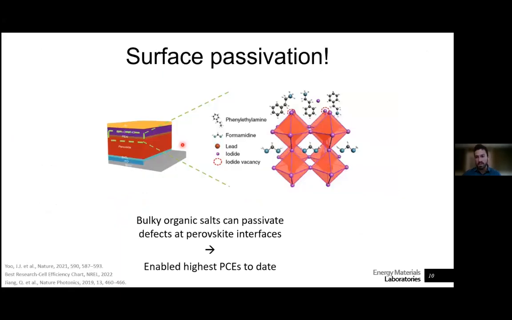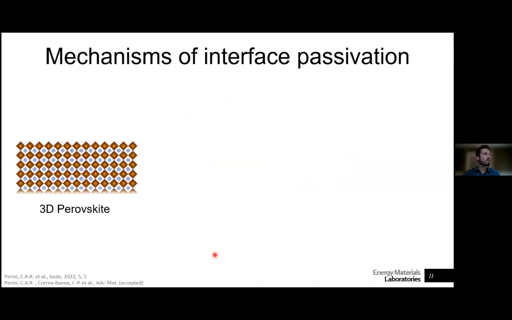The most promising approach so far is the use of bulky organic salts, coupled generally with halides as counterions, at the surface of 3D perovskite layers, which have enabled the highest performances to date. So how does this passivation work? Well, we have our 3D lattice.